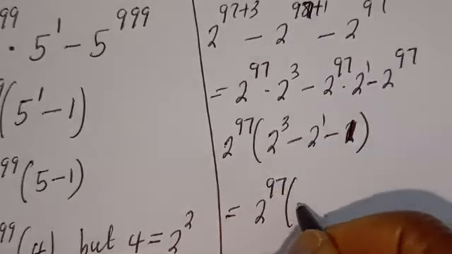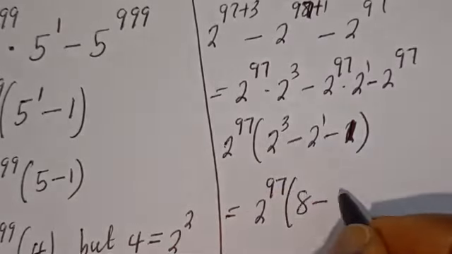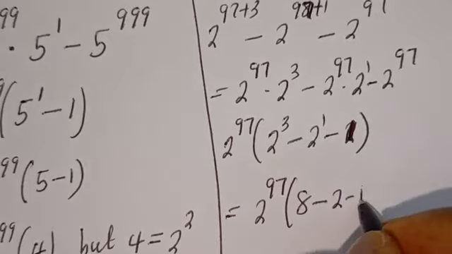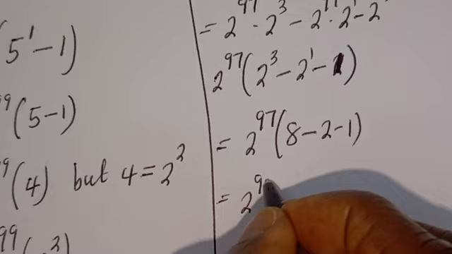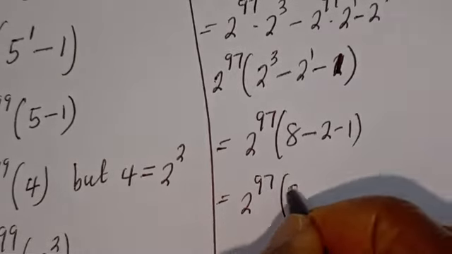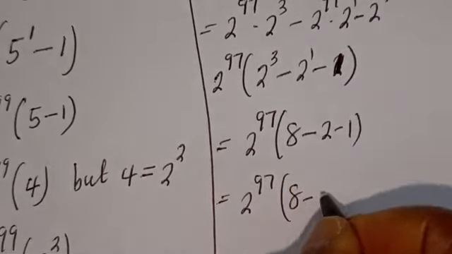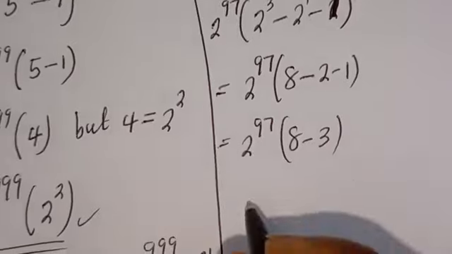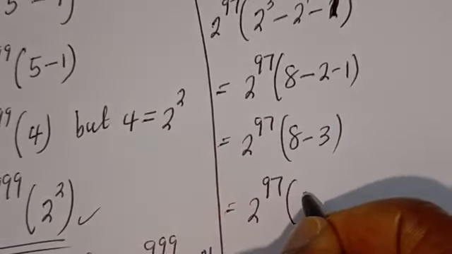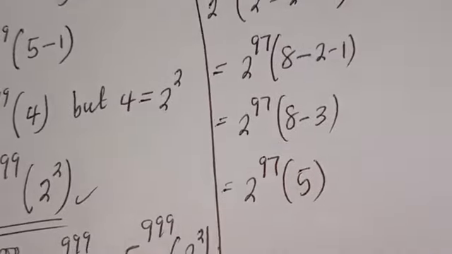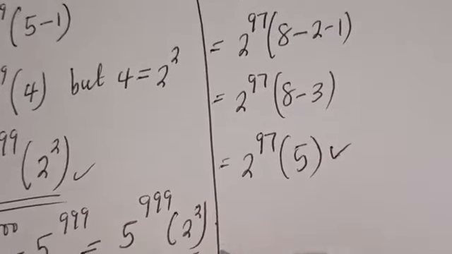Here is 2 to the power of 3 is 8 minus 2 to the power of 1 is 2 minus 1. And this is equal to 2 to the power of 97 bracket 8 minus 2 minus 1, that is 5. And equal to 2 to the power of 97 bracket 5. And this is the final answer.